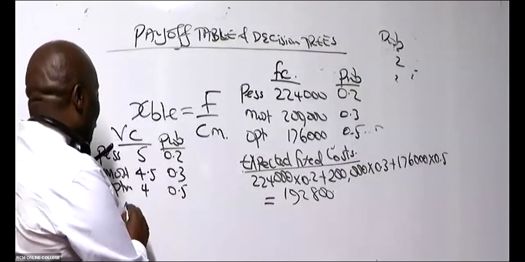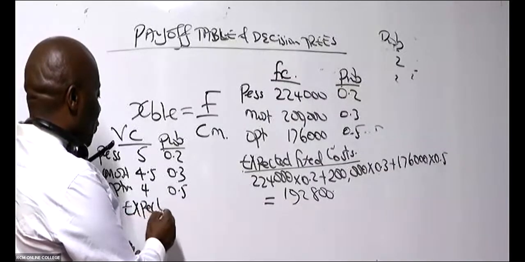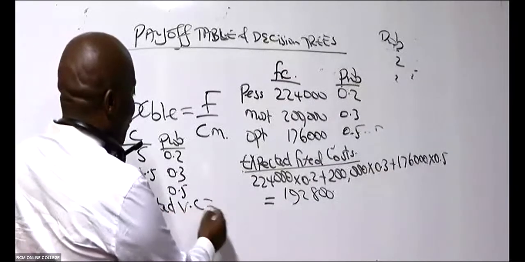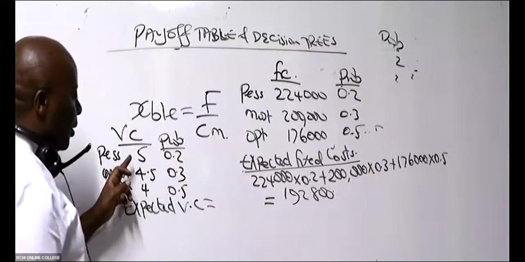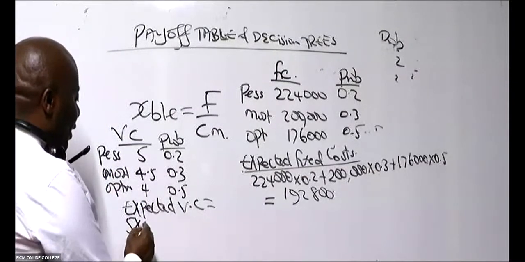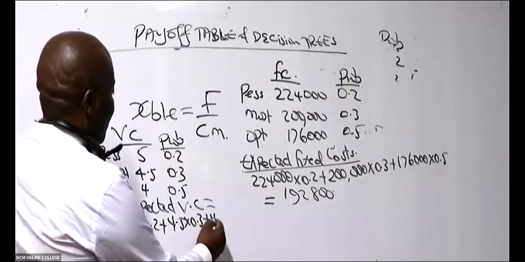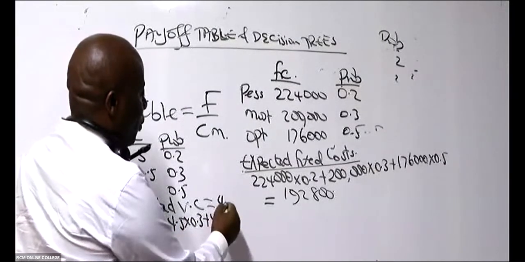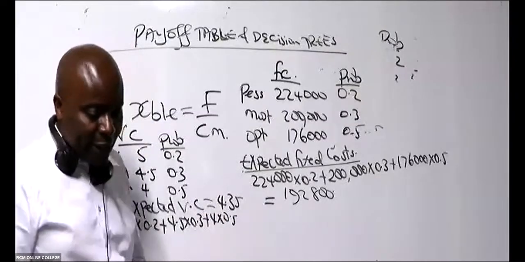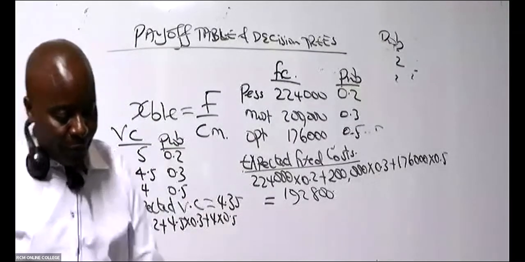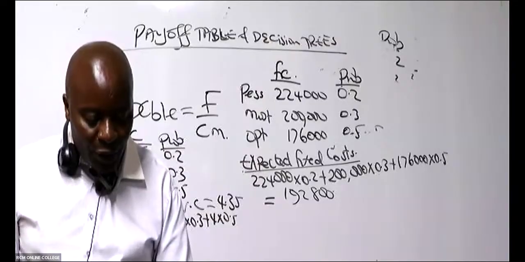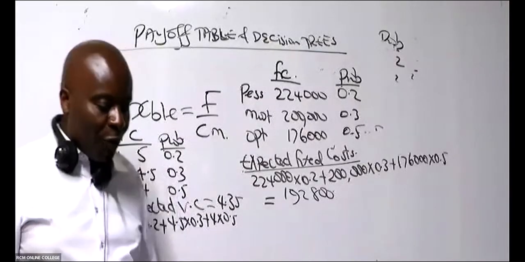So please give me the expected variable cost. It will be 5 times 0.2, plus the other terms, which gives me 4 point something. The online guys are telling me it's 4.35.